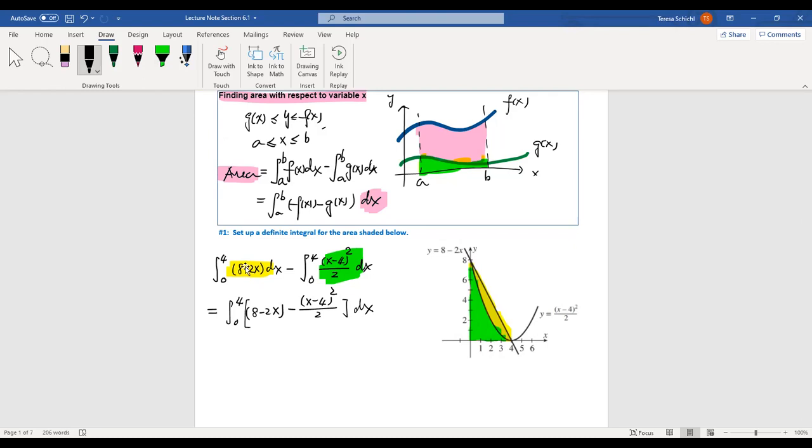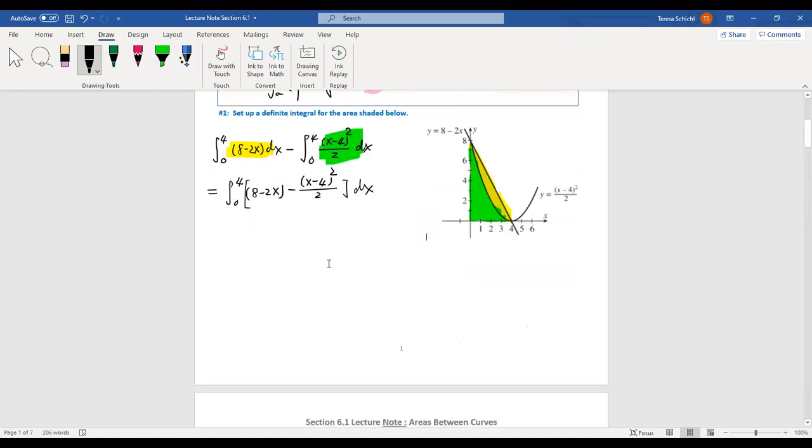Then this is a pretty straightforward integration. You can just use what you learned from the previous chapter and the end of Calculus 1. So here this will be 4x minus x squared, right? And then use the substitution. I'm going to skip that here; I assume you know how to use substitution, right?